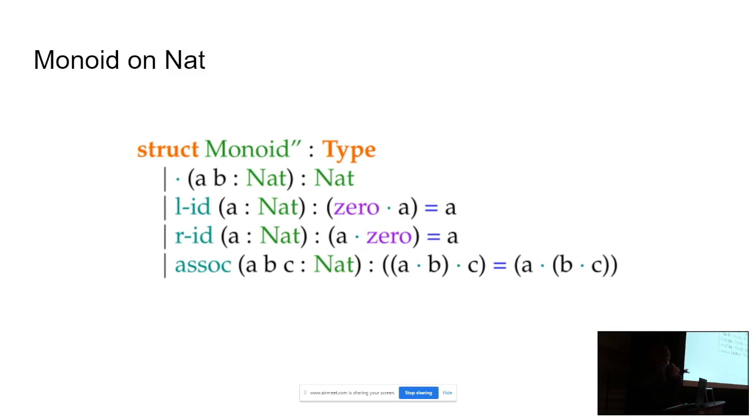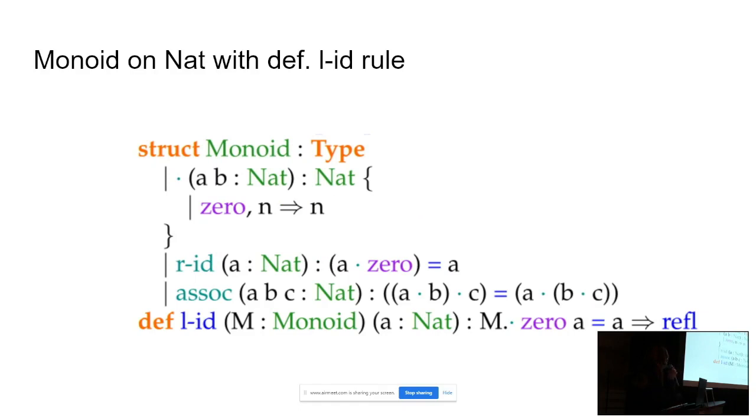This is a monoid type on natural numbers, and it has an operator and a left identity rule, a right identity rule, and an associativity rule. For example, we can make the left identity rule a reduction rule on one of the fields, on the operator.